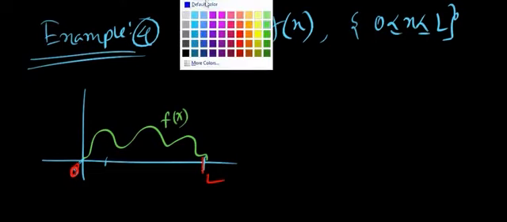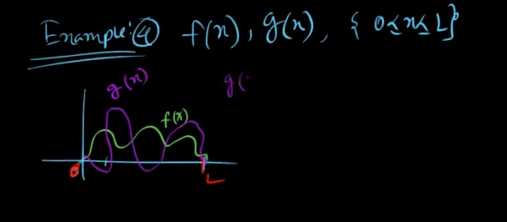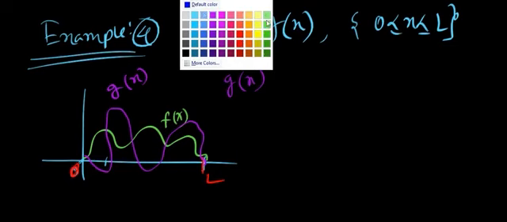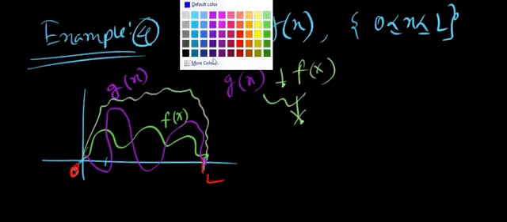And the graph of g of x, let's say it goes something like this on this specific interval. And we are assuming these are continuous functions. There is no discontinuity and all that. Now, if you add them, let's say I want to add this g of x plus f of x, the resulting function will also be continuous in this interval.